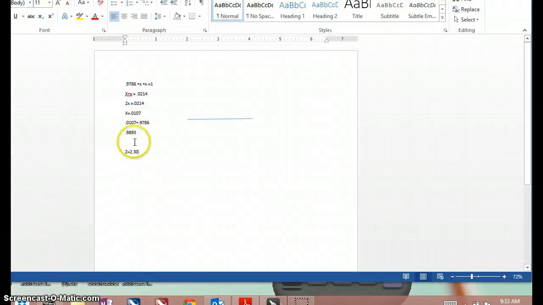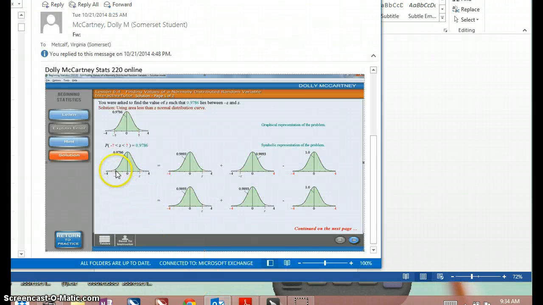When I add those two amounts, I get 0.9893. Okay, so 0.9893 is the area from this z all the way down, including that little area. That's the amount that we need to look up in our table.